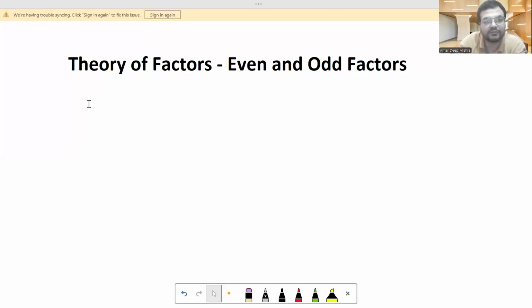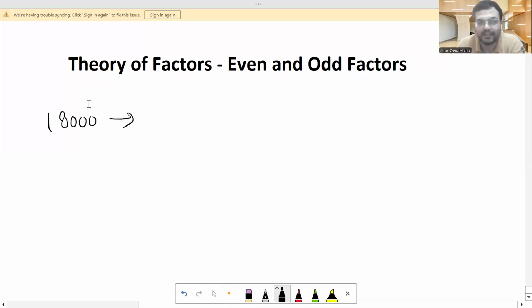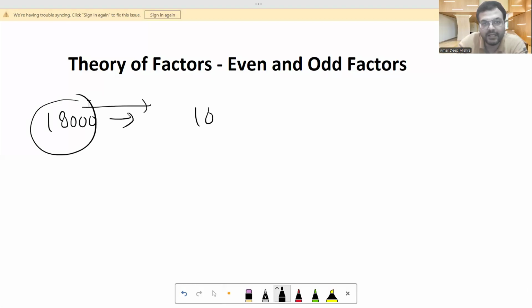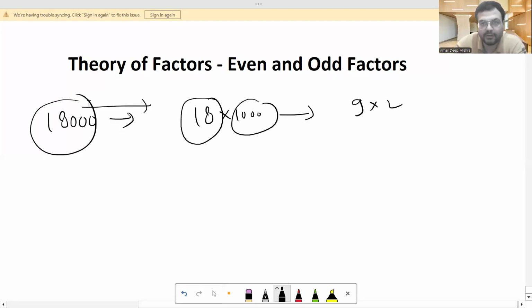The number is 18,000. So the first step is we need to change the number into its prime factor format. 18,000 is 18 into 1,000. 18 is 9 into 2, and 1,000 we already know is 125 into 8.